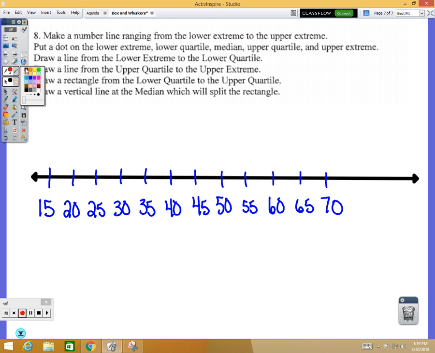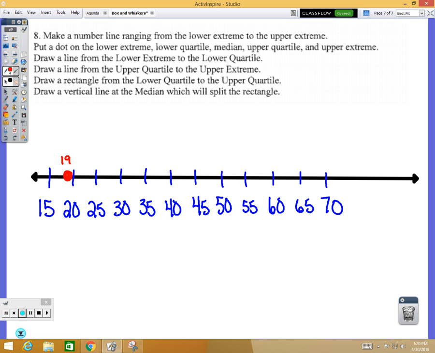So our first point is the lower extreme, which is what? Lower extreme is 19. So notice, I don't see a 19, but we know 19 is between 15 and 20, and it's going to be really close to that 20. You can even label it if you want, but you don't have to. We're going to put the lower quartile.